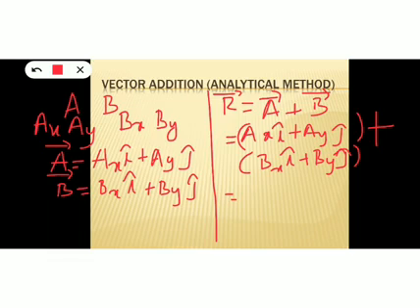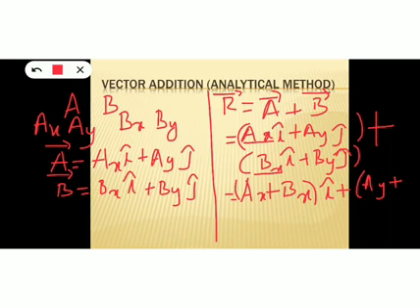In order to add, we take the respective components of each unit vector. Here, which is the component along i? ax. And here, which is the component along i? bx. So add those components together: ax plus bx into unit vector i, plus similarly add the components of j: ay plus by into j.